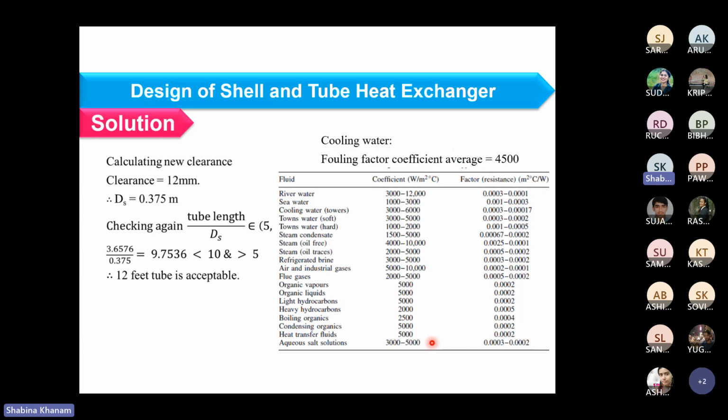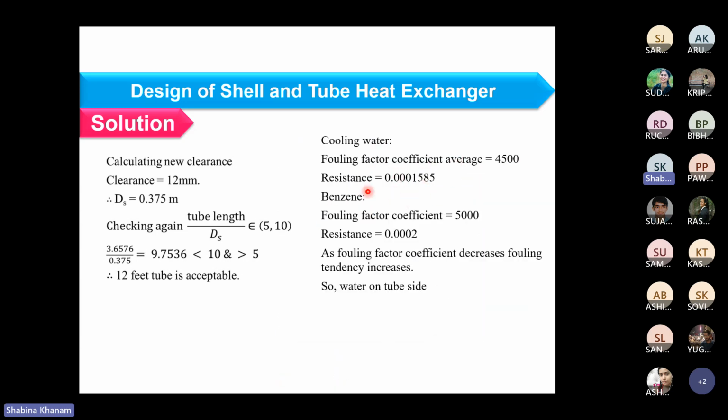So the fouling coefficient for water is 4500, sorry, I said 450, it is 4500. For benzene it is 5000. So since it is lesser for water, water should be allocated to the tube side, not the benzene.